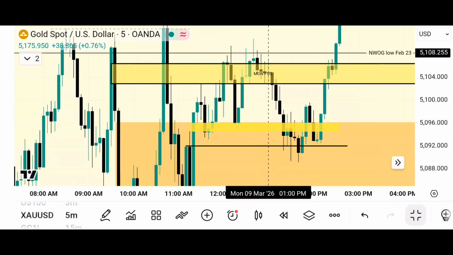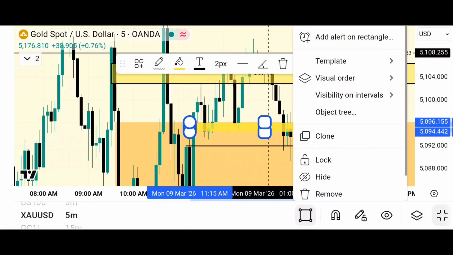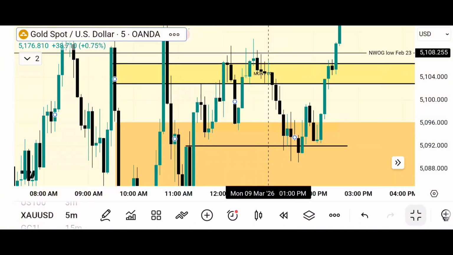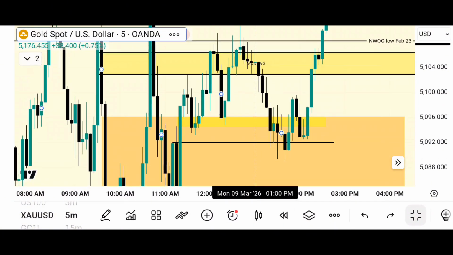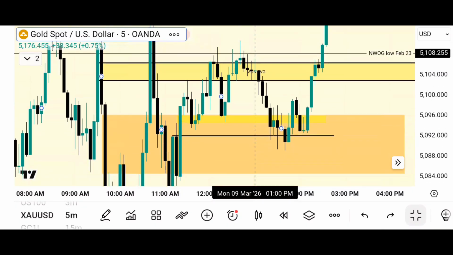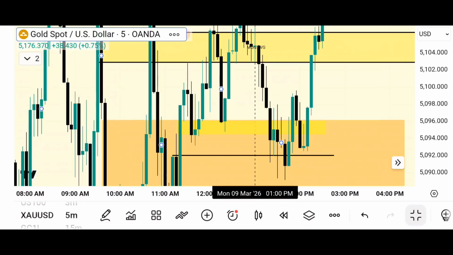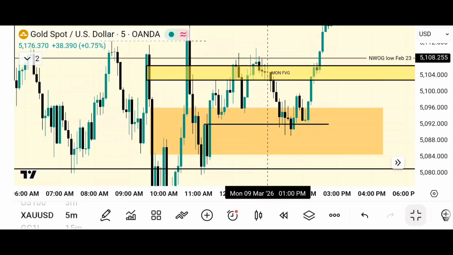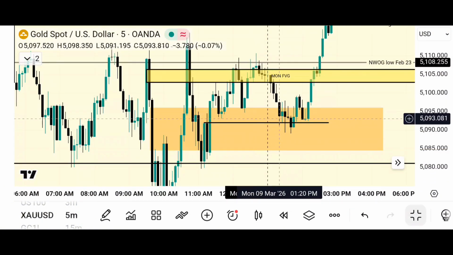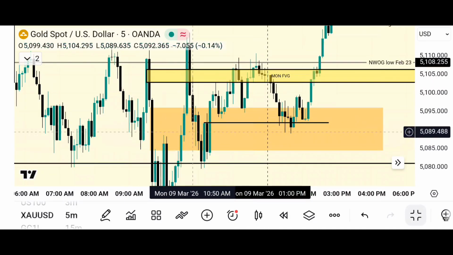You can see this fair value gap. It's a really small fair value gap. That's like three confirmations. And lastly, price is also trading into this inversion fair value gap.